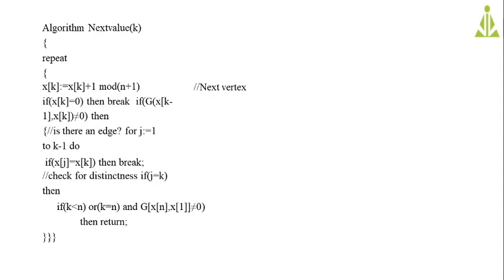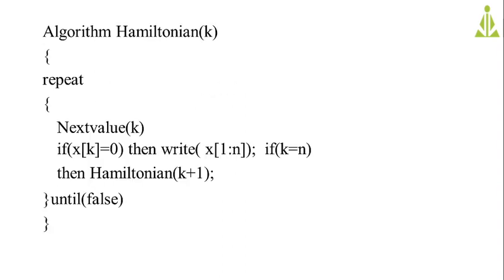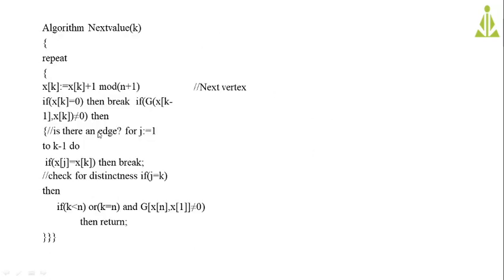Next is the next value k. Okay, this is Hamilton k and repeat next value k. So what is the next value k? Repeat. So this is an algorithm. x of k is equal to x of k plus 1 mod n plus 1. If x of k is equal to 0, then break.